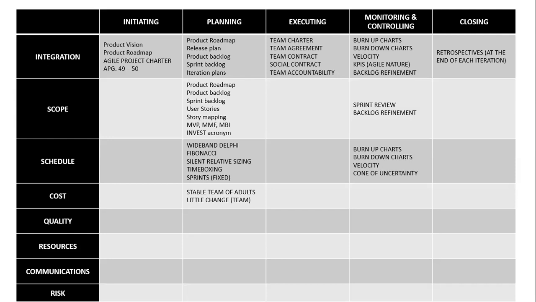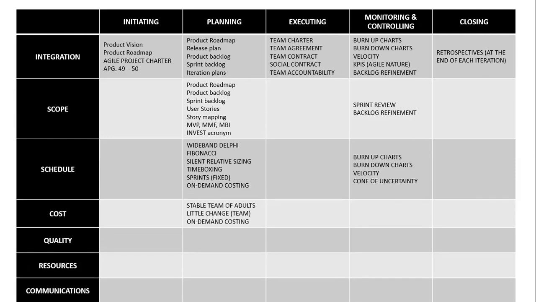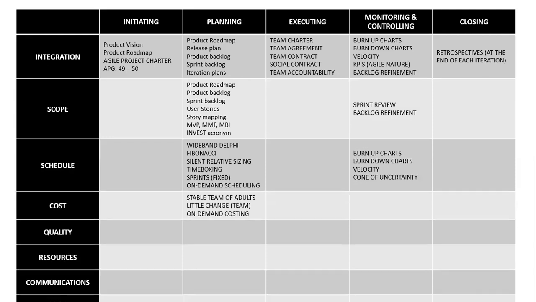We leave that to the business, but again, we do, as the Agile Practice Guide puts it, on-demand costing. And to take that term, let's put it in here. We use the concept of on-demand scheduling as well. So just keep that in mind.